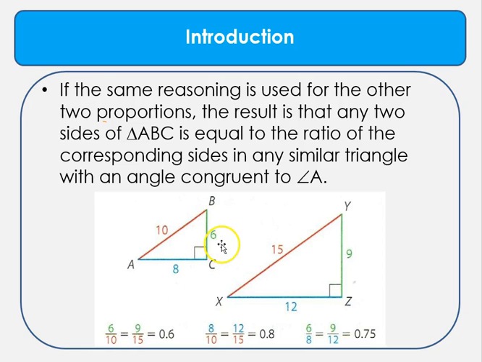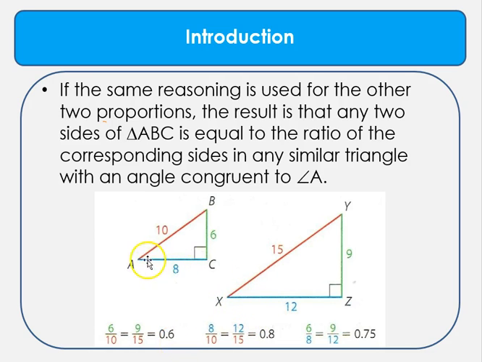So let's start with the small triangle, and if we take BC to AB, which was one of our proportions, that's 6 over 10, and that equals YZ to XY, which is 9 over 15, and they both reduce to 3/5.